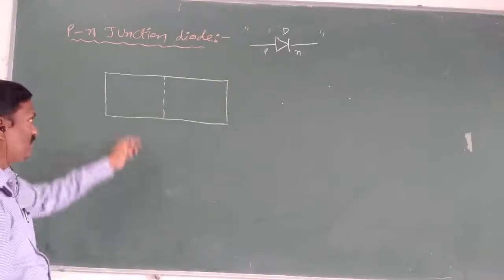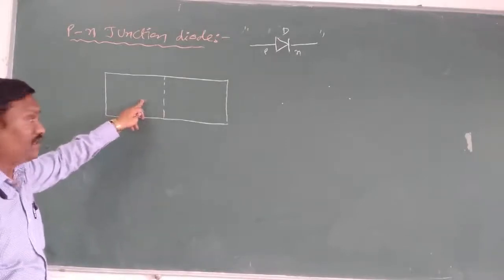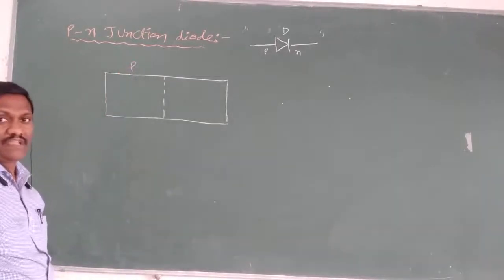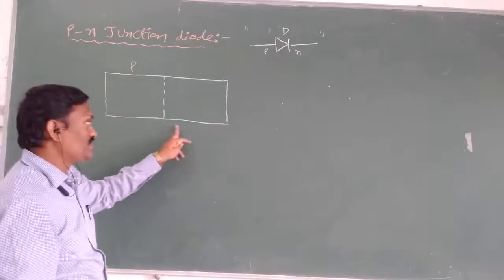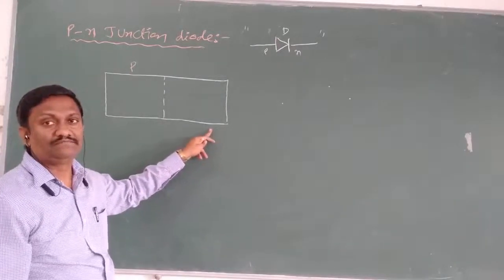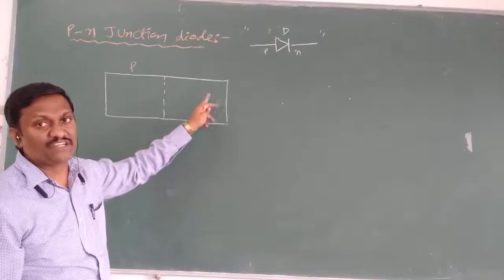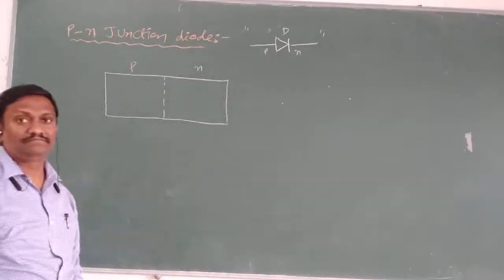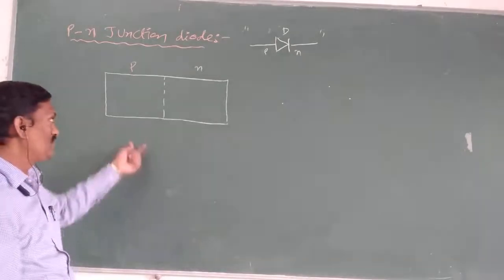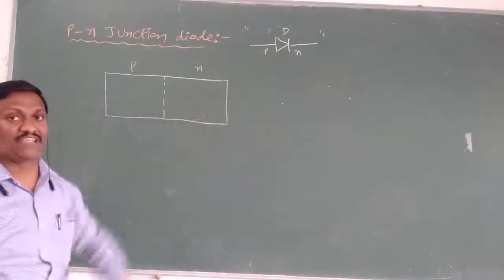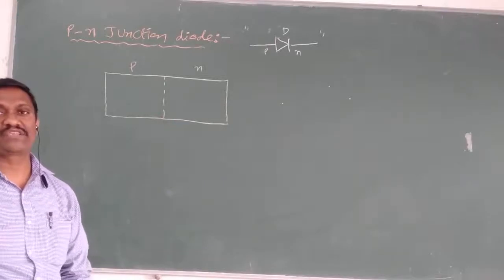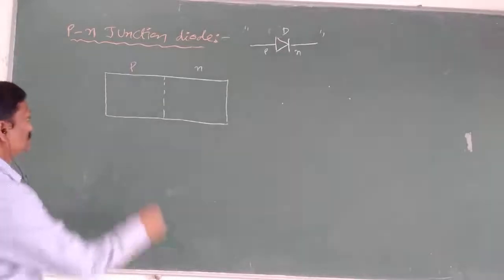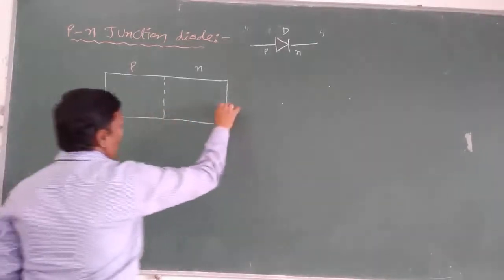That portion behaves like a p-type semiconductor. The second half of the crystal is doped with pentavalent impurity, and that portion behaves like an n-type semiconductor. So half of the portion behaves like p-type and half like n-type. The combination of p-type and n-type is called a p-n junction diode. Assume this is the p region and this is the n region.